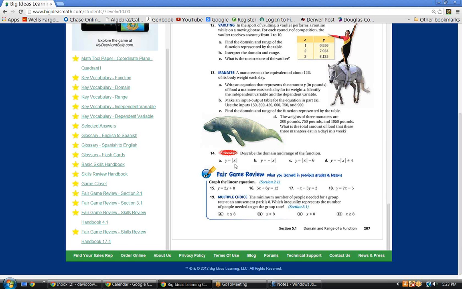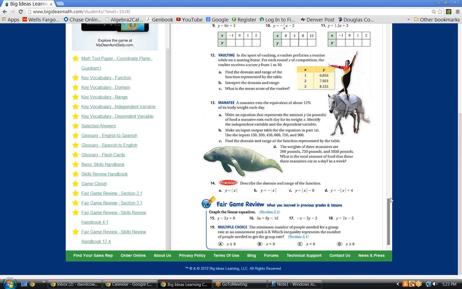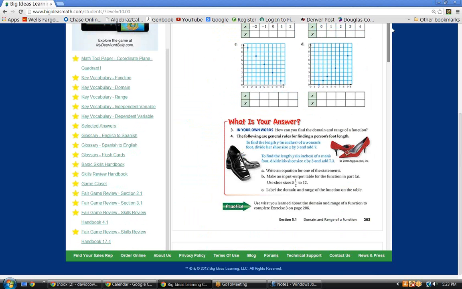Y is dependent. Good. And then x is independent. Okay, so the domain goes with the independent variable. Range is the dependent variable. Okay. All right. Yeah, that's all in that chapter.